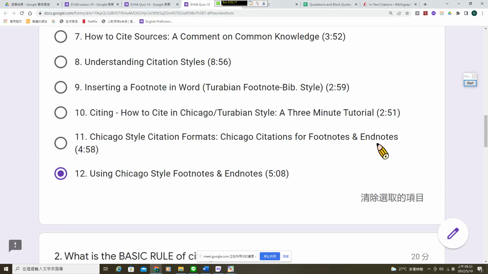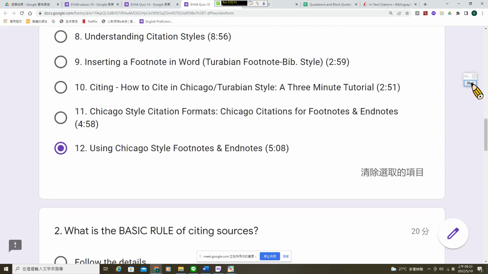So there's no access. So if you want to know the details how to correctly use Chicago style footnotes and endnotes in your paper, you can just use the keywords and go to YouTube to type in the keywords here, and you may be able to find out some other relevant video clips for you to go through.